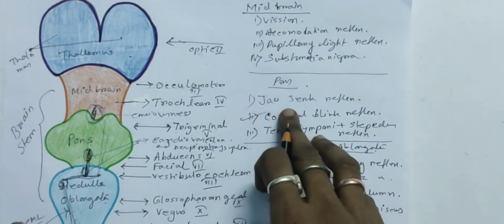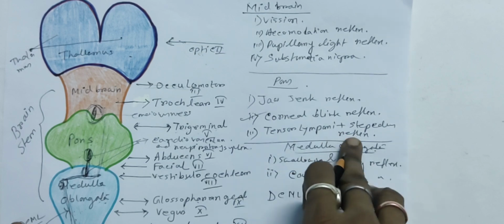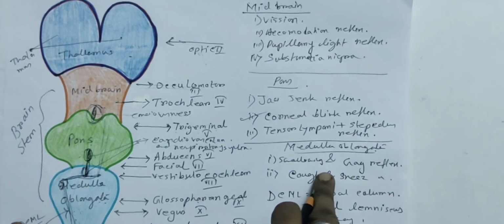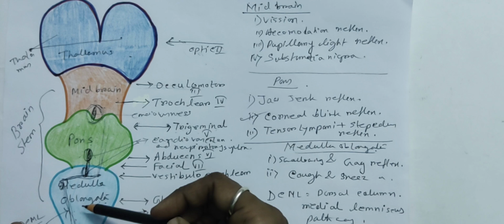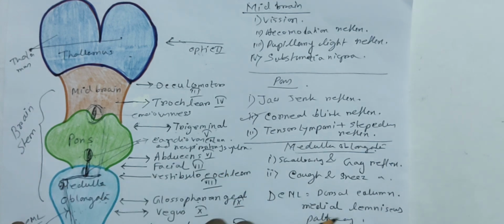Next, the pons is associated with the jaw jerk reflex, corneal blink reflex, and tensor tympani stapedius reflex. The medulla oblongata is associated with swallowing, gag reflex, and cough and sneeze reflex. The sensory neurons form a group here called the dorsal column medial lemniscus pathway.